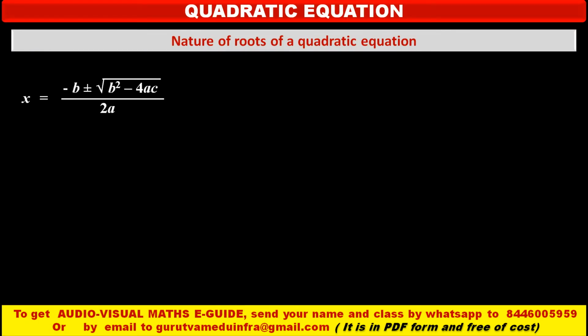Friends, all of you know the quadratic formula. x is equal to minus b plus minus under square root b square minus 4ac upon 2a. Here a, b and c are coefficients of the quadratic equation ax square plus bx plus c is equal to 0.